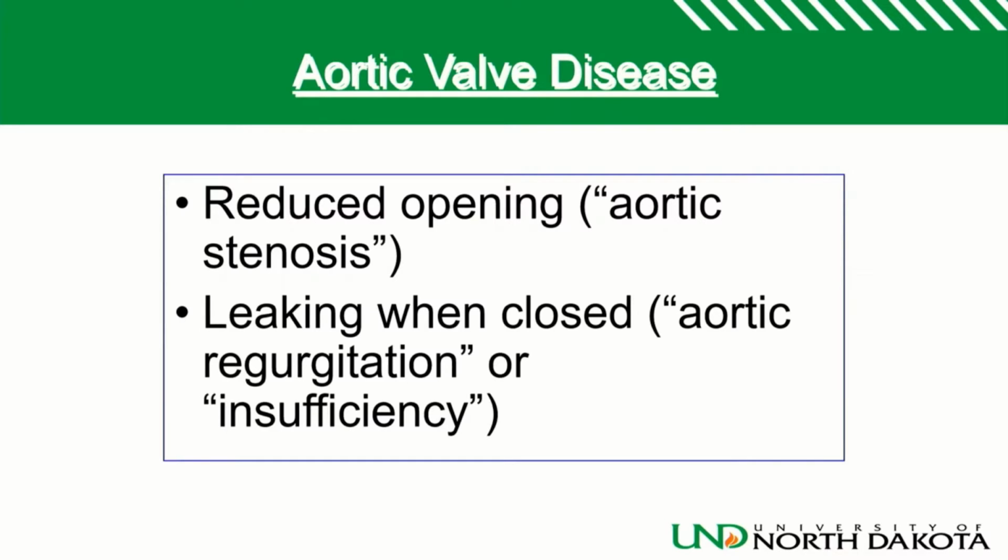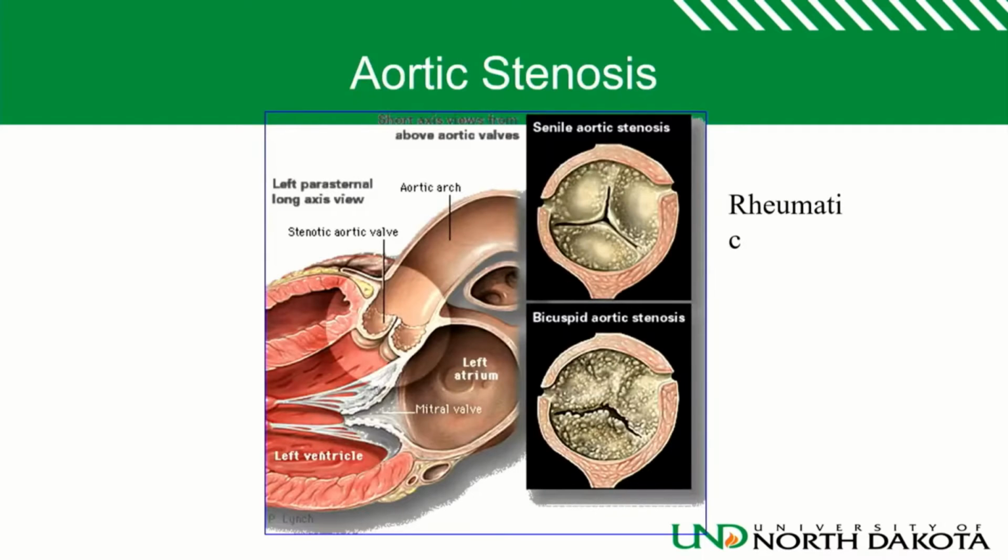One is narrowing, we call it stenosis, because it doesn't open sufficiently and it limits the blood flow coming out of the heart, or it can leak where it doesn't close appropriately, and we call this aortic regurgitation or aortic insufficiency. Here are some drawings to show you the common causes.